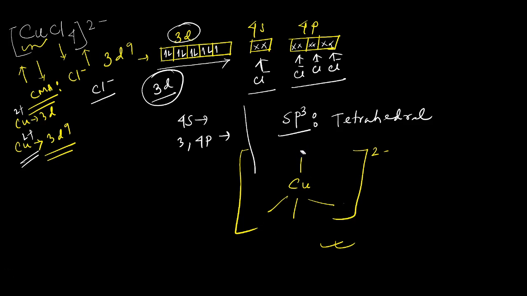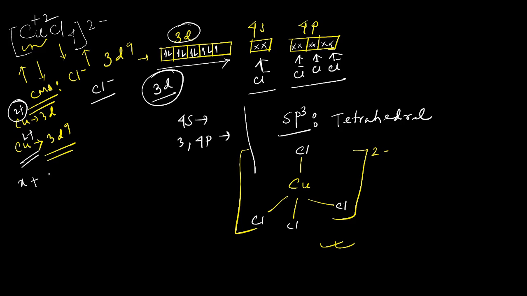All the ligands are Cl minus, so the ligands will be Cl minus here. You may have a question about how I have written this 2 plus. I have calculated the oxidation state of the central metal atom, and the oxidation state of central metal atom copper becomes 2 plus. For that, I have assumed that the oxidation state of central metal atom copper is X plus.